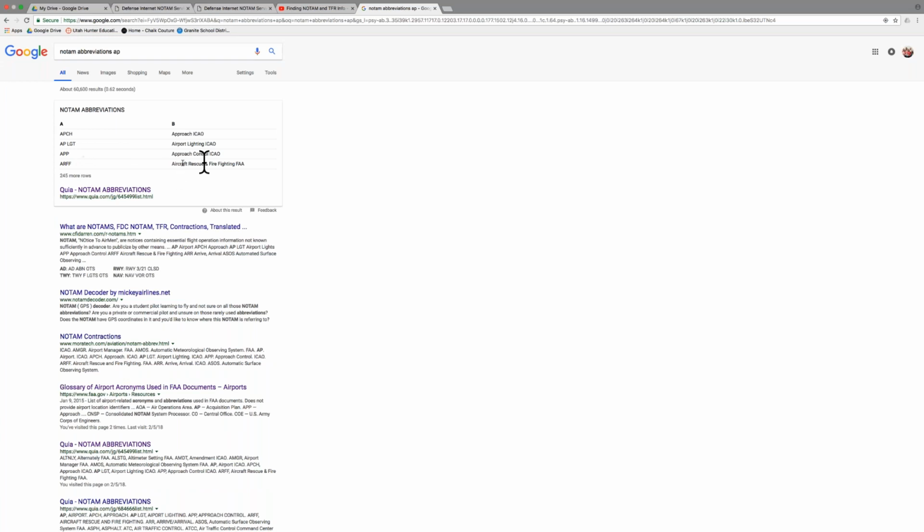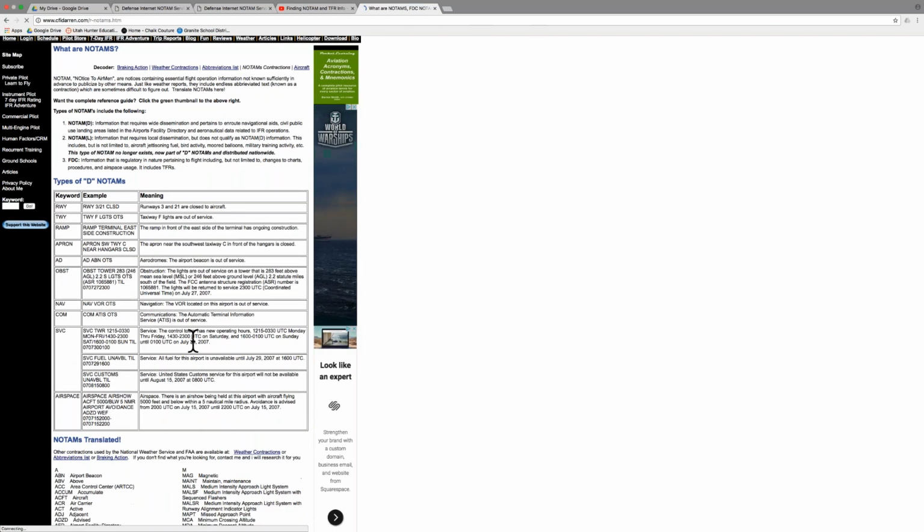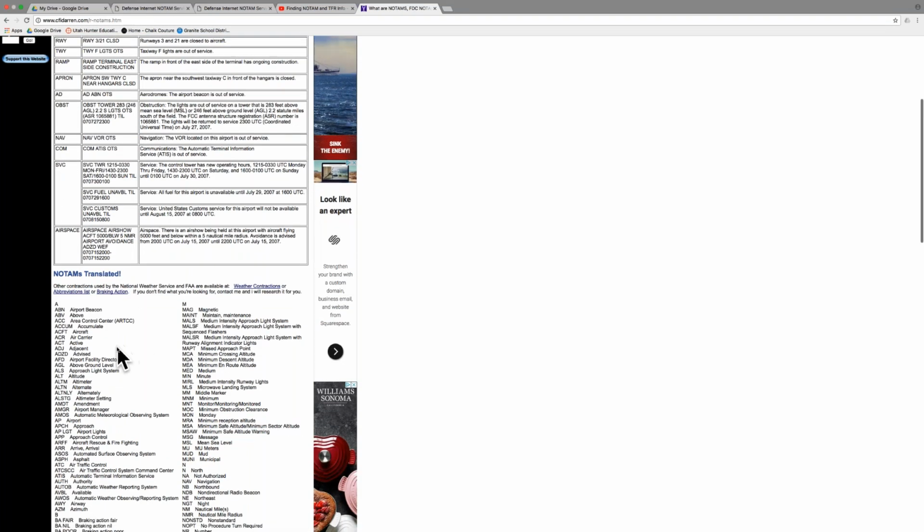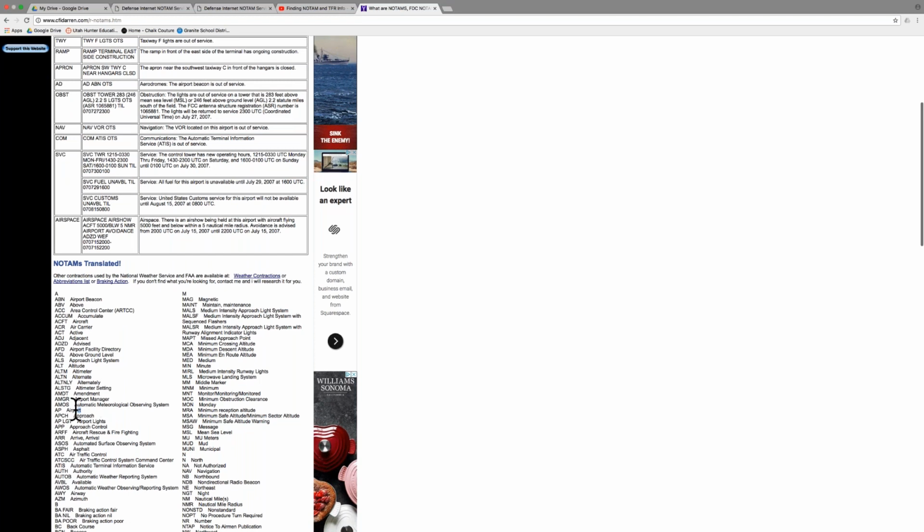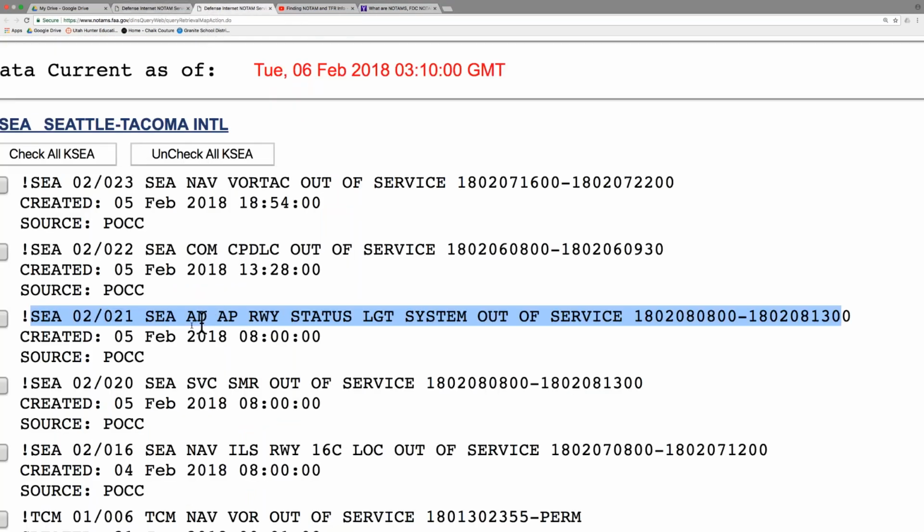So, AP. Let's see. Airport. Oh, okay. So, aerodrome or airport, basically. Runway status light system out of service.